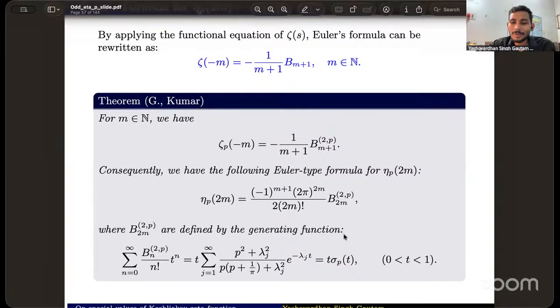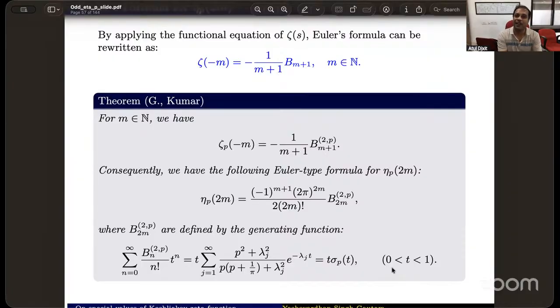Yes, sir. This series is divergent for t less than 0. We need an analytic continuation of this infinite sum to go into the left half plane. We can put mod t here, but it will be in between 0 and 1. In the negative half plane it is not valid. It is just for values between the 0 line and the positive 1 line.